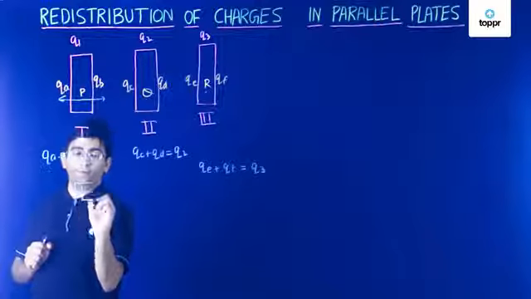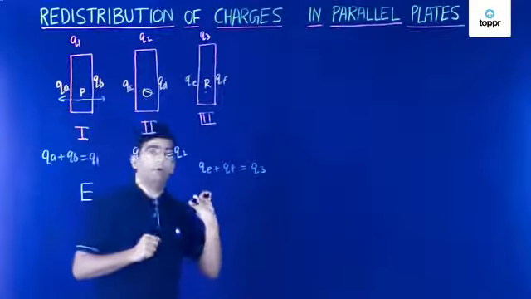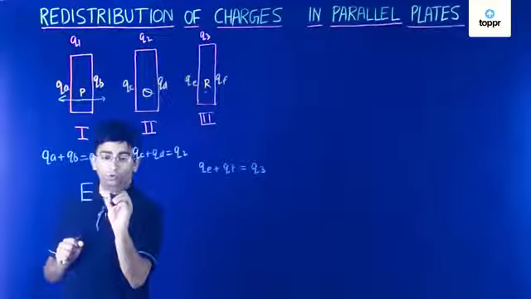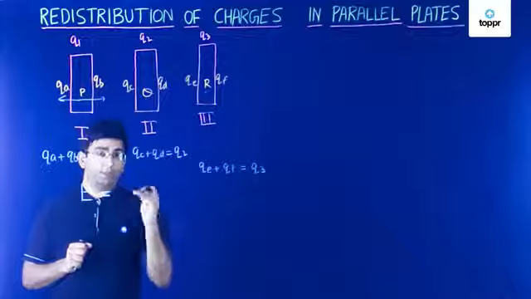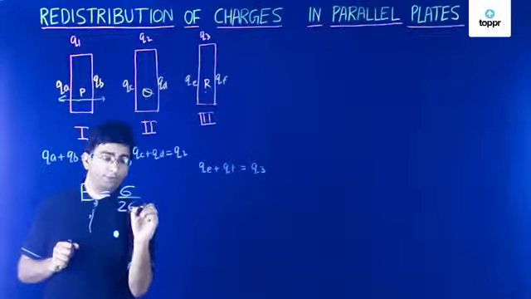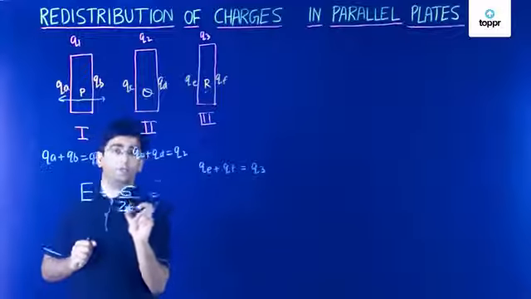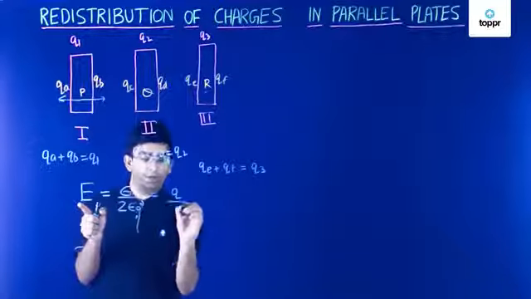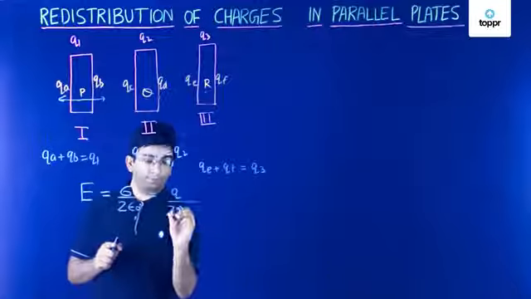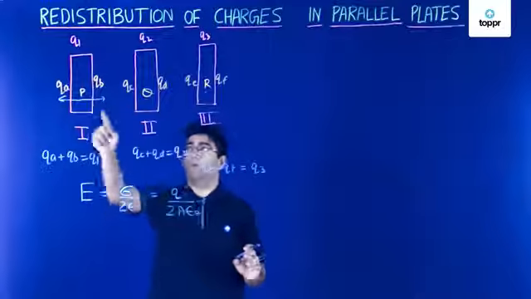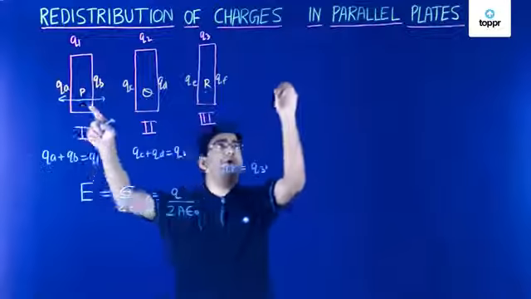Whenever we are having a very large plate with a very large cross-sectional area, the electric field due to the charge on one surface of the plate is given by sigma by 2 epsilon naught, where sigma is the surface charge density, and eventually we will get the expression for electric field as Q by 2A epsilon naught. So using this formula, we have to find out the electric field at the point P.